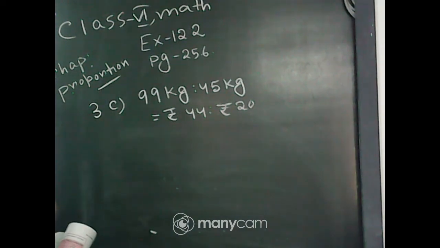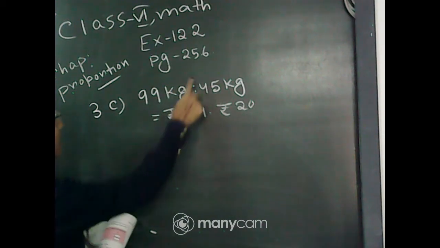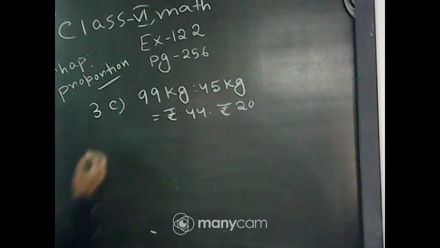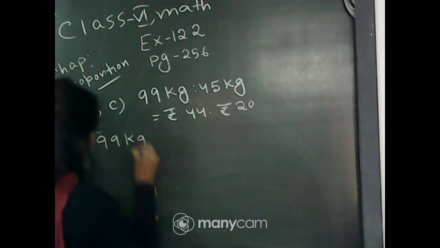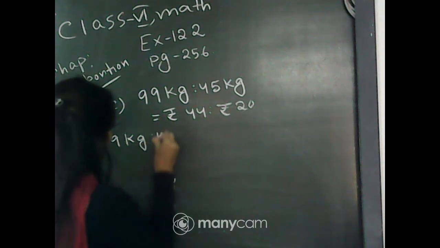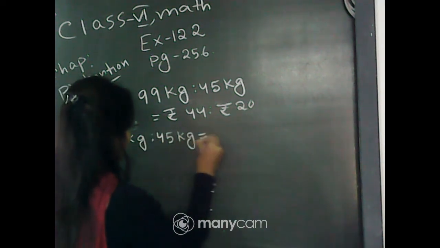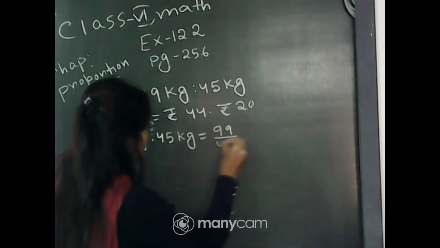For this, we first find the ratio of 99 kg and 45 kg. This is equal to 99 divided by 45.